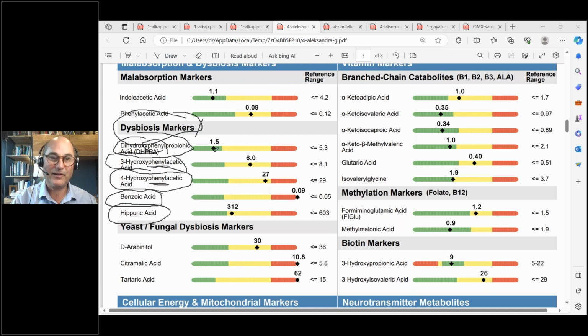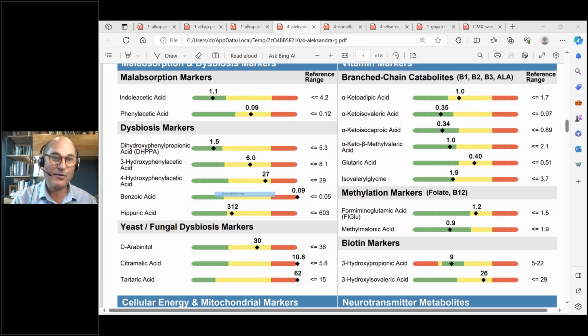If these markers are categorically low, that could mean there's no dysbiosis, but if they're extremely low, that could also mean there's not enough polyphenols in that person's diet. And we're going to learn soon how important those polyphenols are in regulating metabolism. So high markers, dysbiosis; low markers can be normal or can be a serious problem.